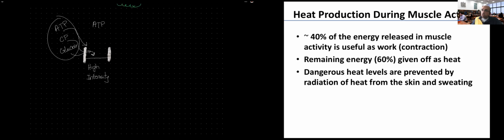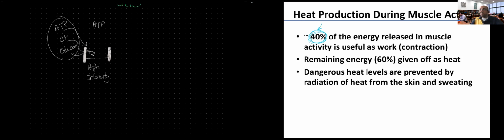The work that you have performed by the muscle contraction, the actual mechanical movement that you have performed, is only worth 40% of the consumed energy. So if you did burn 100 calories, let's say, the movement is only worth 40 calories.